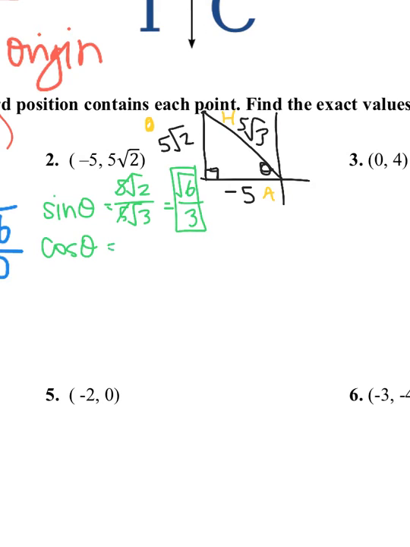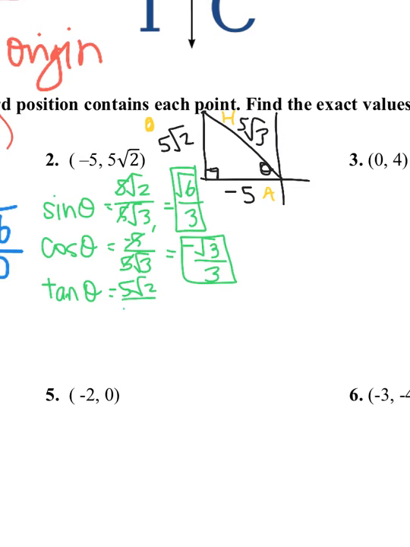Next is cosine, adjacent over hypotenuse. This reduces to -1 over √3, which rationalizes to negative √3 over 3. And then tangent will be opposite over adjacent, which reduces down to negative √2.